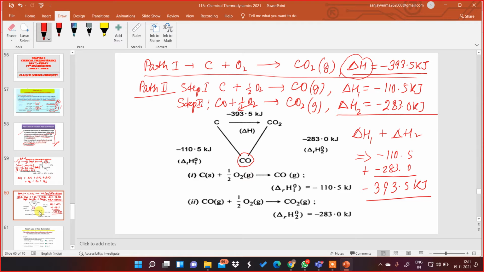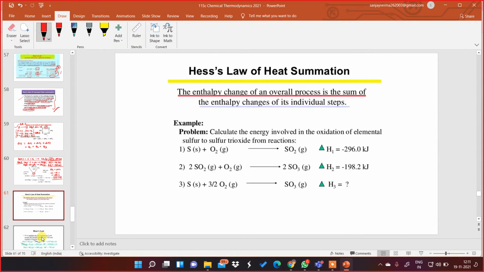Now moving to the next slide, Hess's law of heat summation. Look at this sentence: the enthalpy change of an overall process is the sum of the enthalpy changes of its individual steps. Now look at this problem.